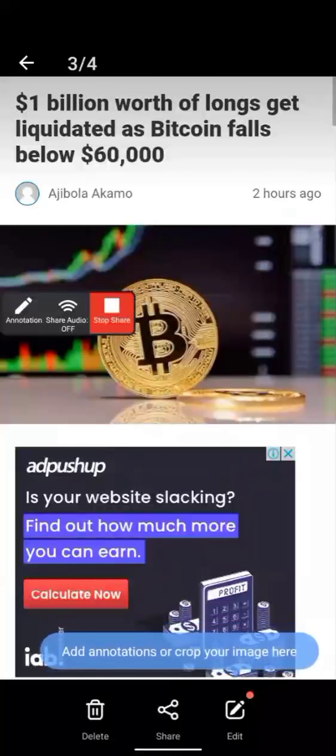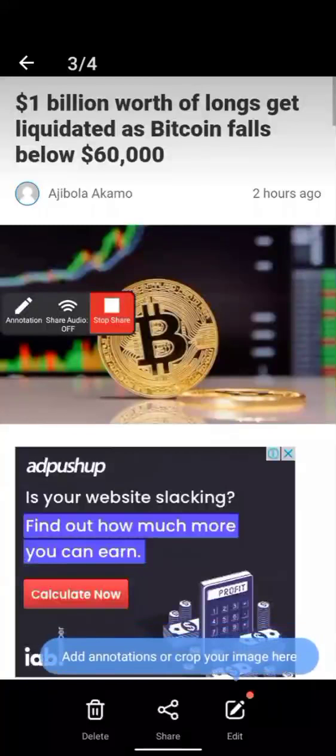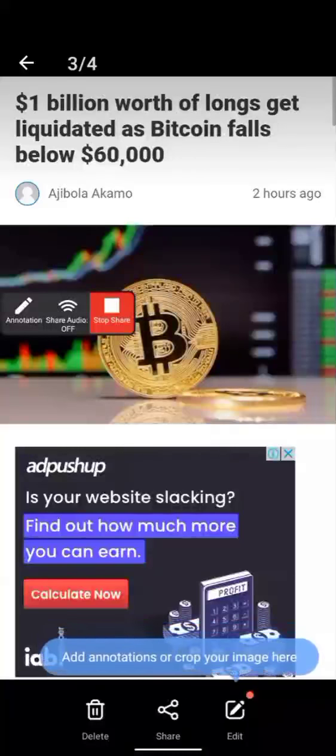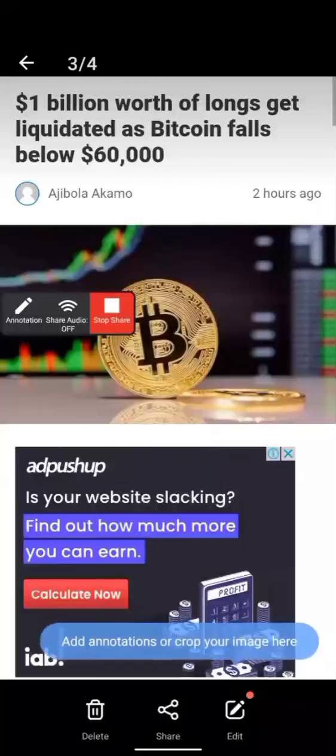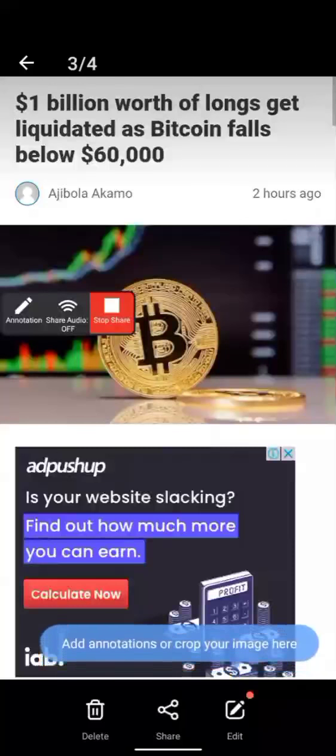So $1 billion worth of longs. All those who said Bitcoin was going to go higher, they were liquidated. Why? Because Bitcoin went below $60,000. And I'm sure many of them probably entered when the market was around $63,000 or $65,000. And their liquidation price was around $60,000, for example. Maybe they didn't set a stop loss. And all of a sudden, Bitcoin went below $60,000.